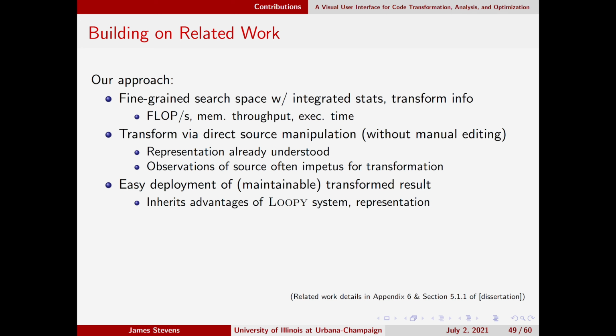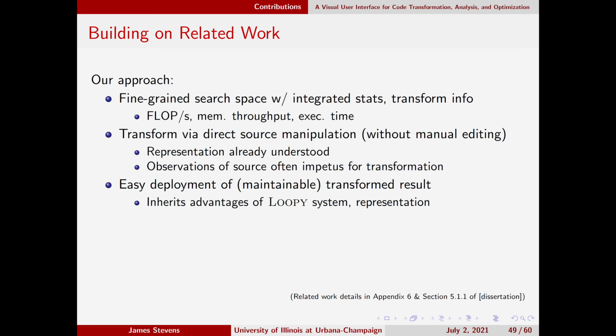So here are some of the key ways that we are building and improving on these approaches. We provide users with a fine-grained search space with integrated program statistics and transformation information. We enable transformation through direct interaction with the source code, without manually writing source code, of course, which we believe is valuable since this representation of program behavior is already understood, and also because that's often the representation a developer is already focusing on when they decide to make a transformation.